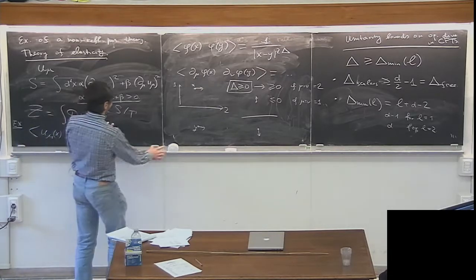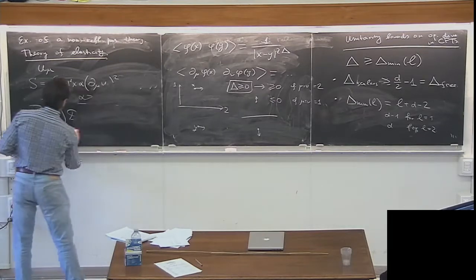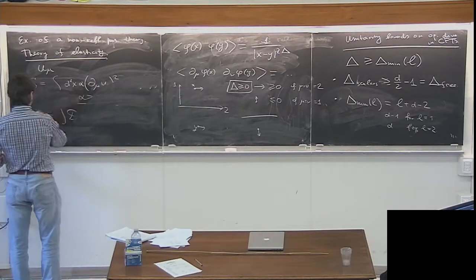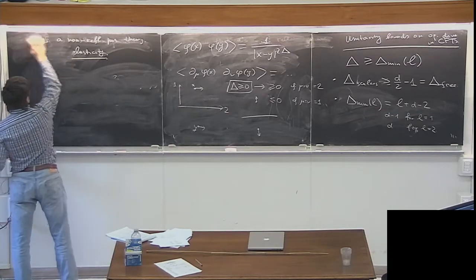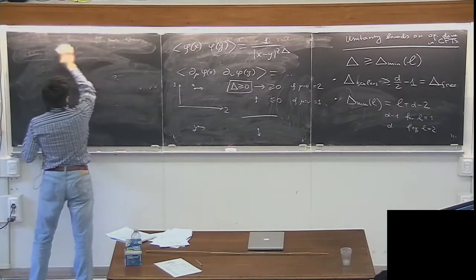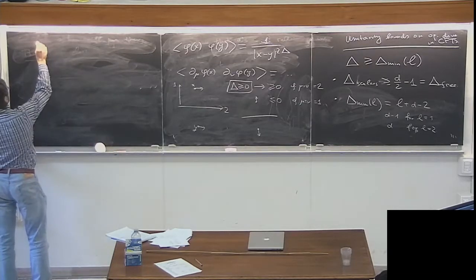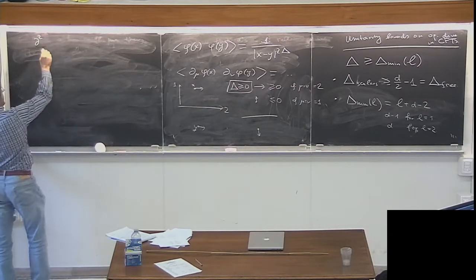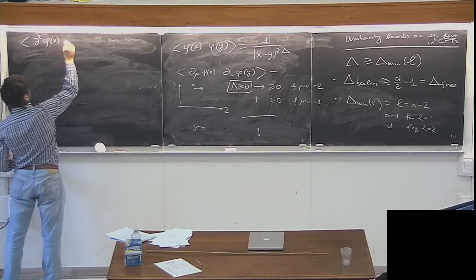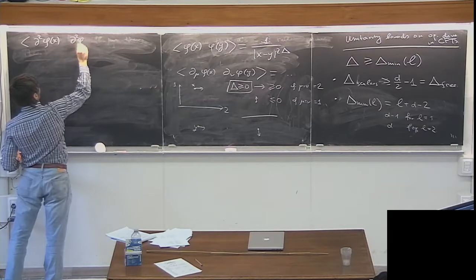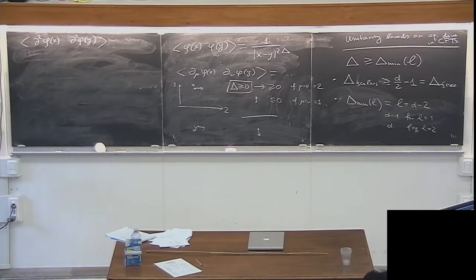So it's a very simple idea. Of course you have to differentiate more, you're absolutely right. And so in fact, what's going to work is that you just take a Laplacian. So let's consider this two-point function. This is a scalar two-point function. There are no indices.